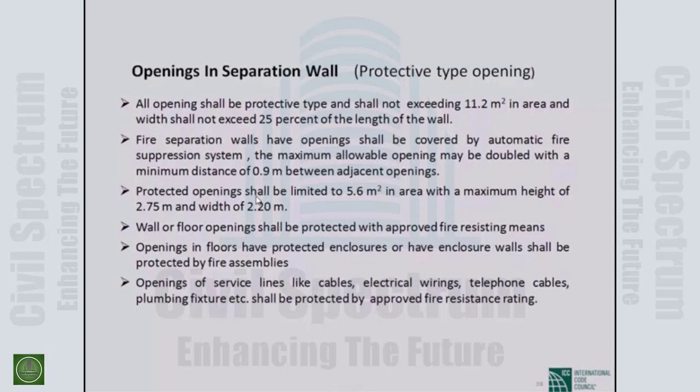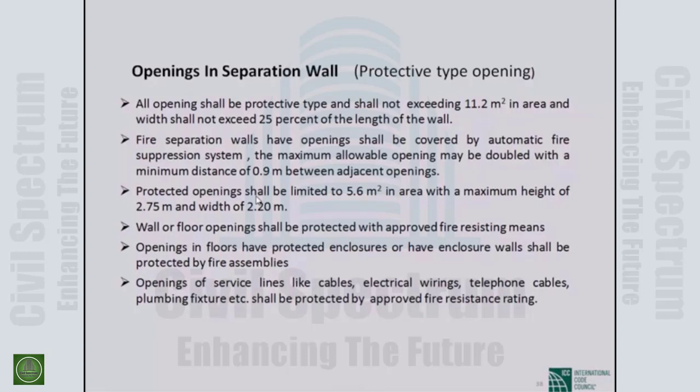How does this work? You can close it at the floor level, or you can make an enclosure vertically up and then make it close. So opening in floor have protected enclosure or have enclosure walls. So enclosure, protective opening closure, that means at the floor level you can close it, or you can make closure walls, which shall be again protected with the fire assemblies.